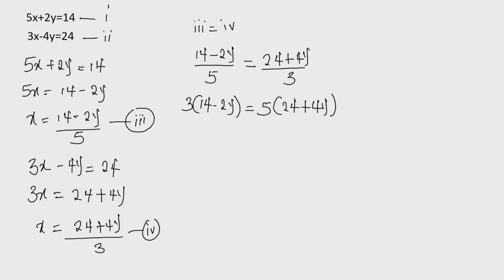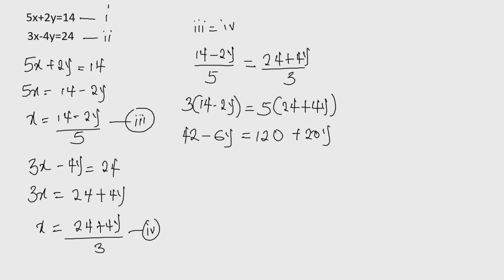So what I did is I cross multiplied. So 3 times 14, 42, then minus 3 times 2, that is 6y, which is equal to 5 times 24, that should give you 120. Then plus 5 times 4, that should give you 20y.